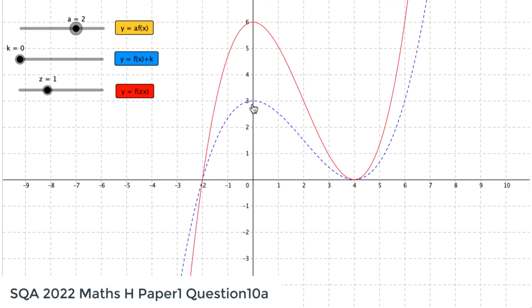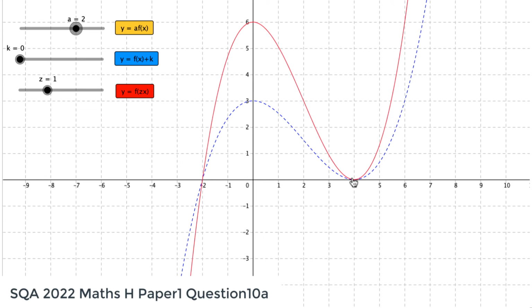And you'll notice that the height for a particular value of x, say x equals 0, the height on the original graph y equals f of x was 3. The height on y equals 2f of x, 2 lots of f of x, has now been doubled and it's 6. All the heights on the old graph, there's a height of 1.5, have been doubled. It's now 3. And obviously heights of 0, when you double a height of 0, you still get a height of 0.